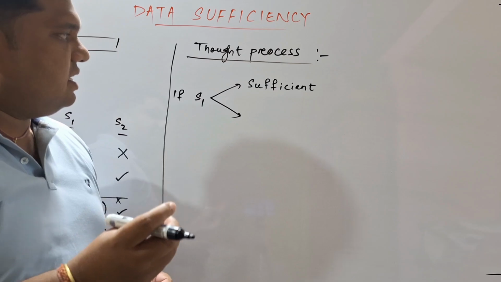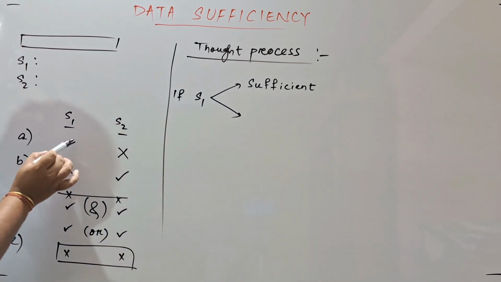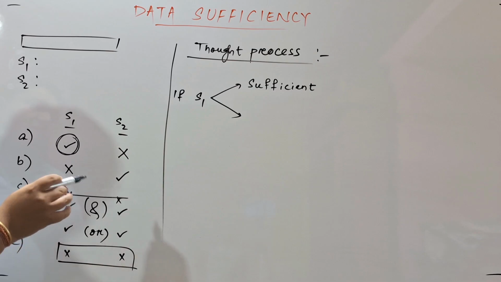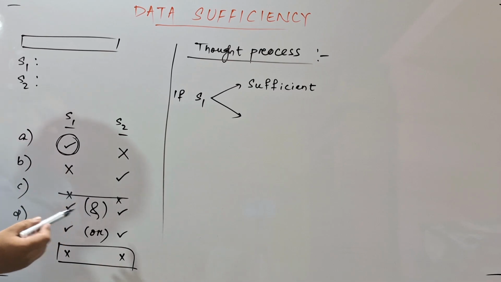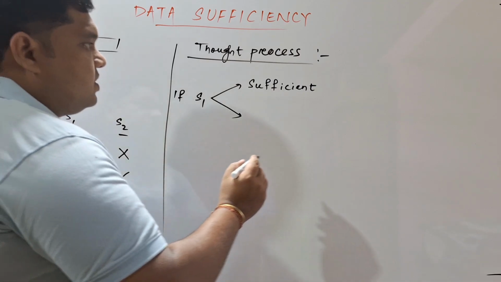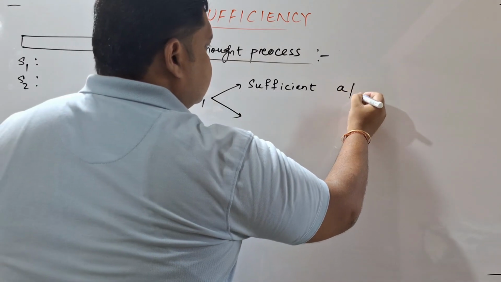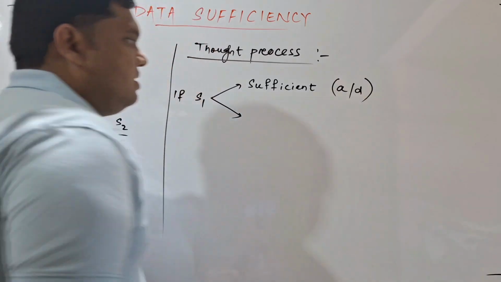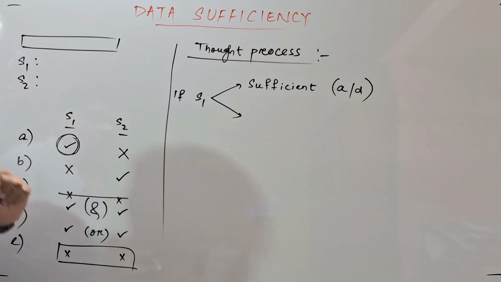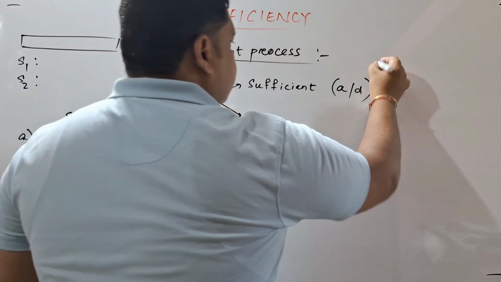If statement 1 is correct, your answer choice is going to be option A or option D. Understood? Option A or option D. Here my answer is either A or D. Now who will decide? Statement 2 will decide my answer. So after that I have to check statement number 2.